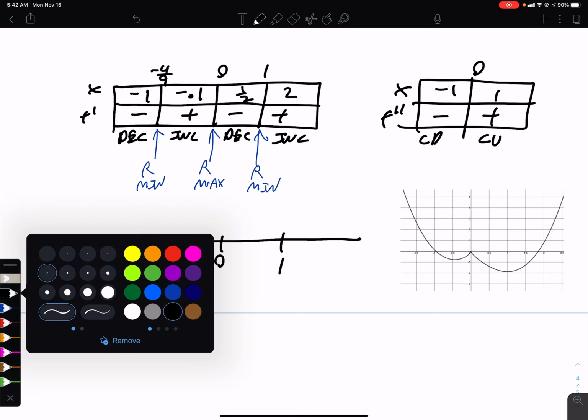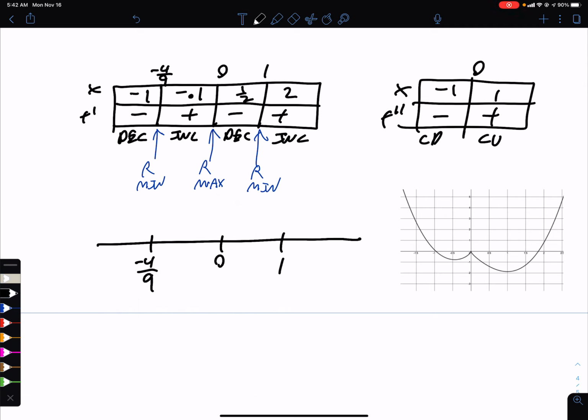We have decreasing here, concave down, increasing, concave up, decreasing, concave down, sorry, concave up, increasing, concave up. So concave down looks like this.